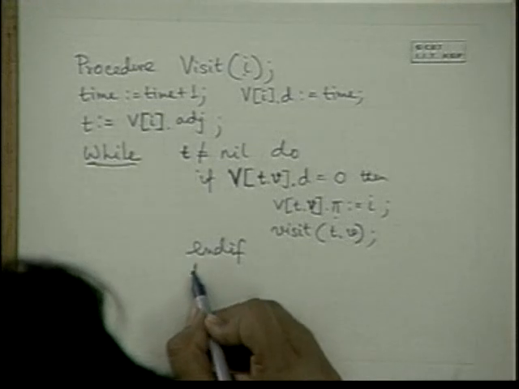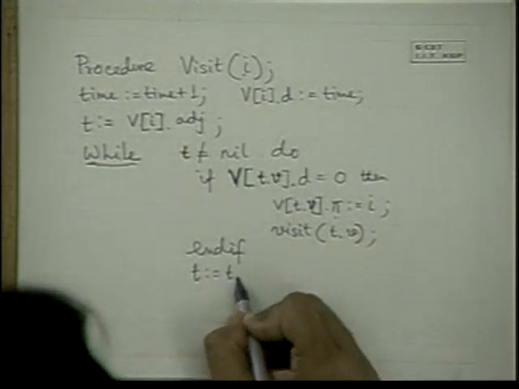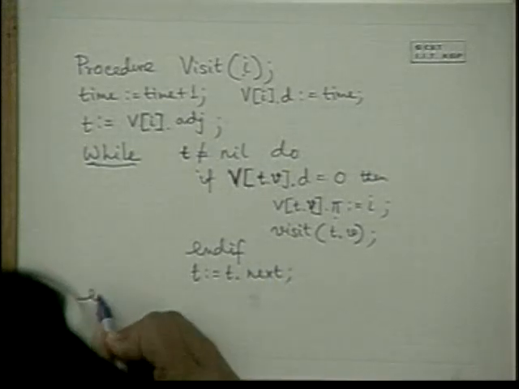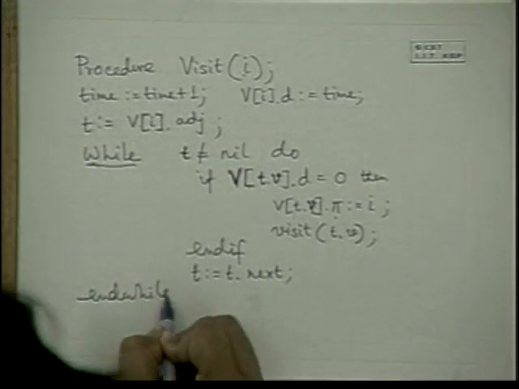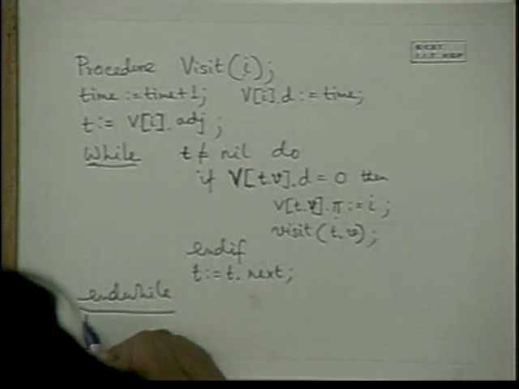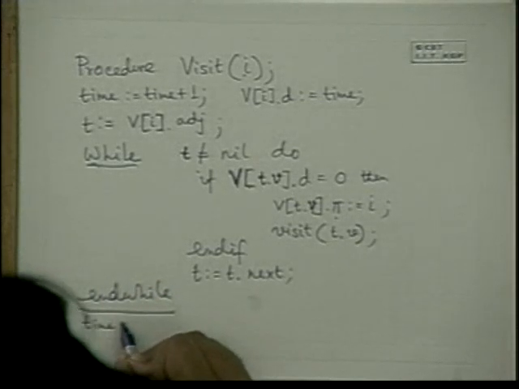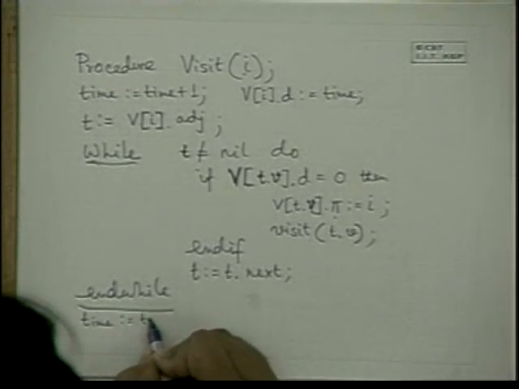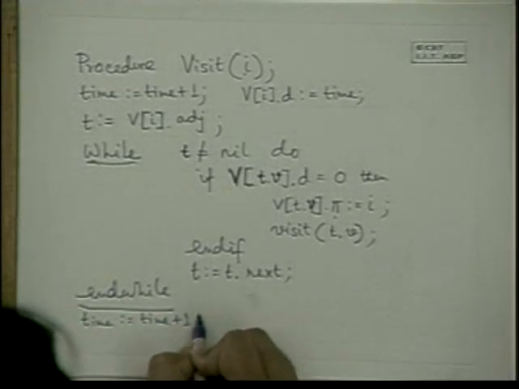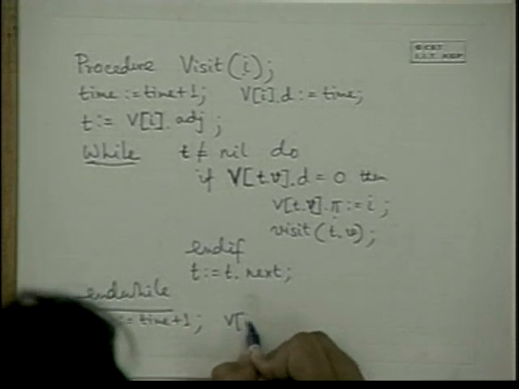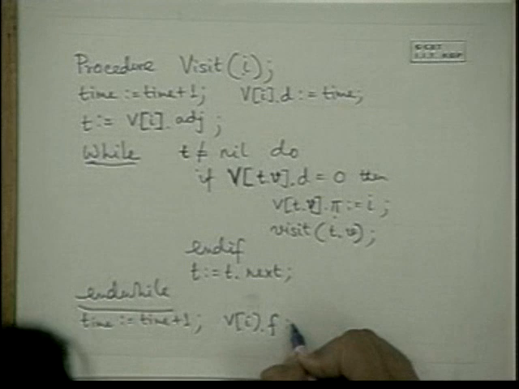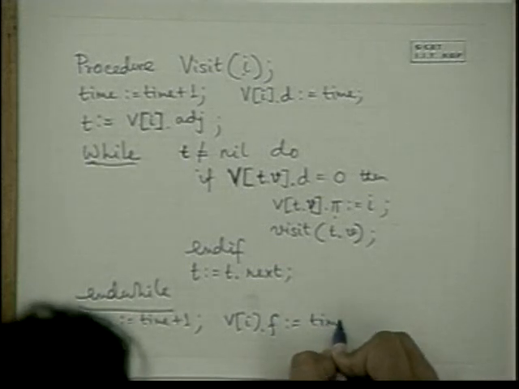And then you traverse the linked list, t equals t dot next, and this is the end while. And then when you have completed its linked list, you update the time, and you have finished visiting I, then you put its f value, vi dot f is equal to time.